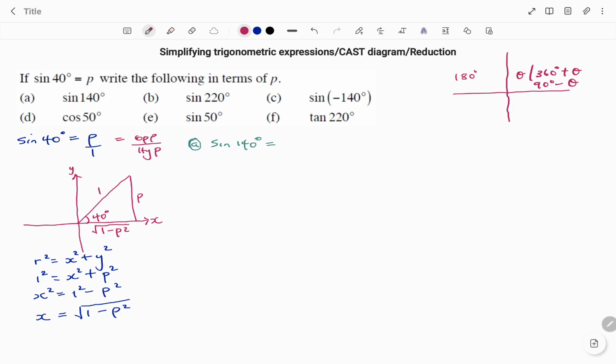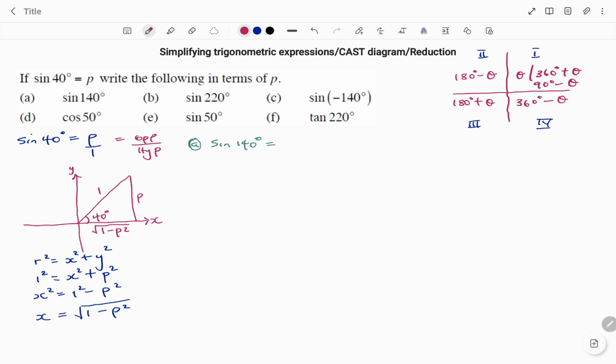In this quadrant, I have 180 degrees minus theta. That's the second quadrant. This is my first, this is my second quadrant, this is my third, and this is my fourth quadrant. In my third quadrant, I have 180 degrees plus theta. And in my fourth, I have 360 degrees minus theta.